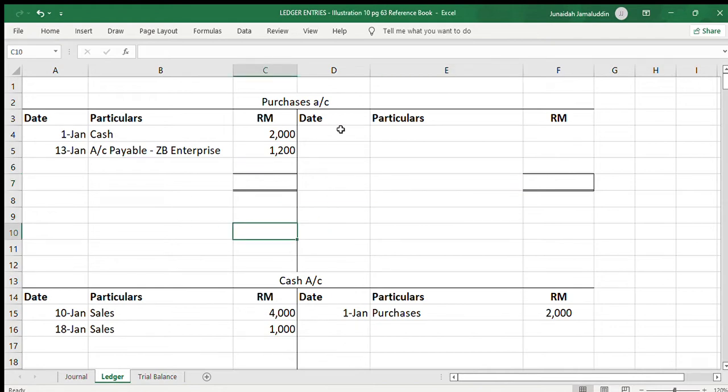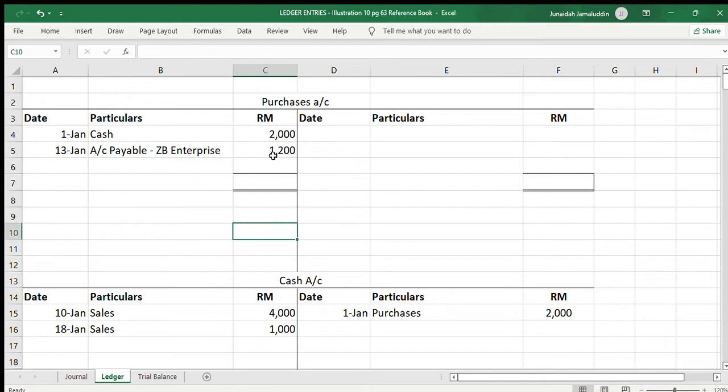Kita tengok in this purchases account, kita ada buat catatan di sebelah debit, and we have no entries at the credit side. So the larger amount is at the debit side here.